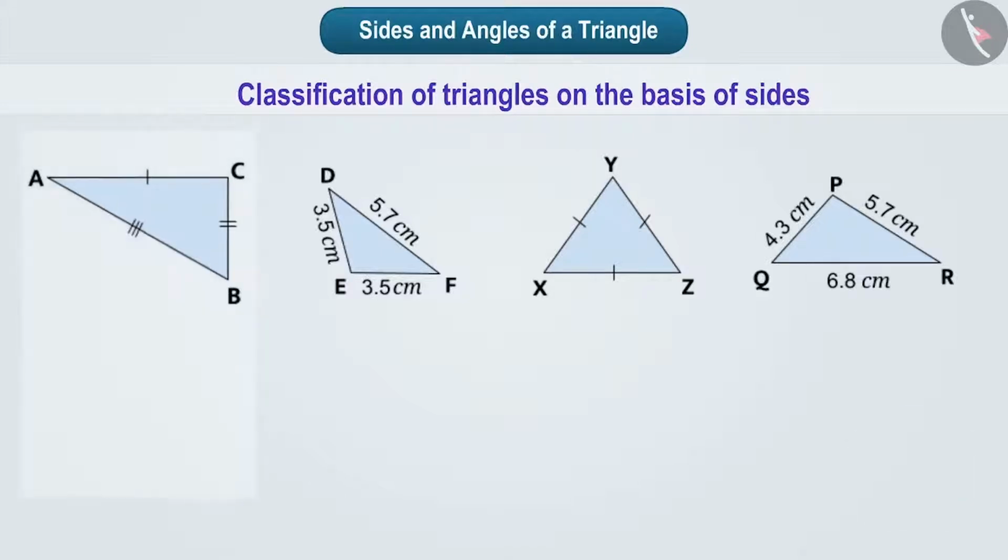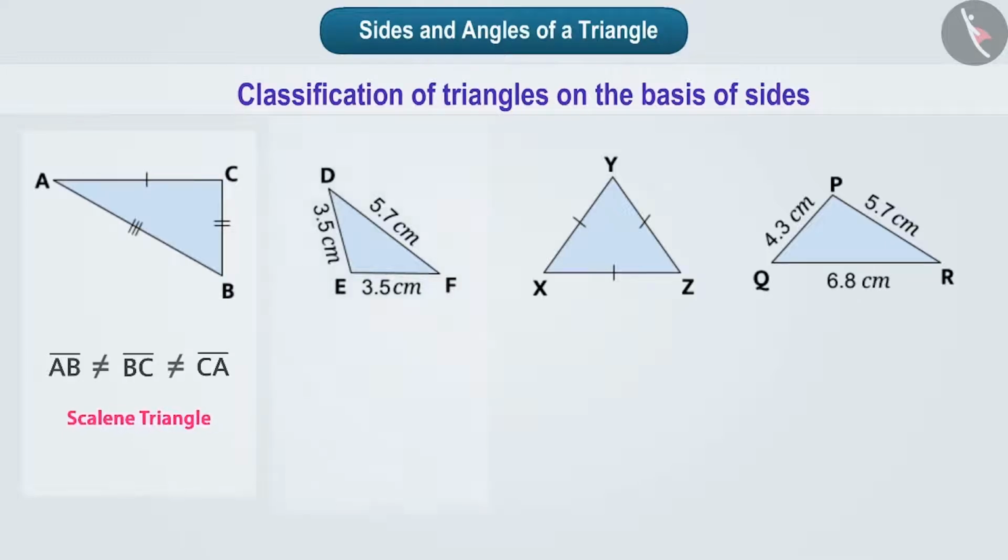Let us tell you. These different signs on the sides of triangle ABC tell us that the three sides in this triangle are not equal, so it is a scalene triangle. By looking at triangle DEF, we find that the measure of side DE and side EF is equal, but the measure of the third side DF is not equal to them.